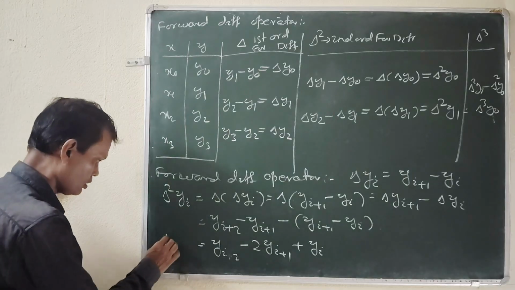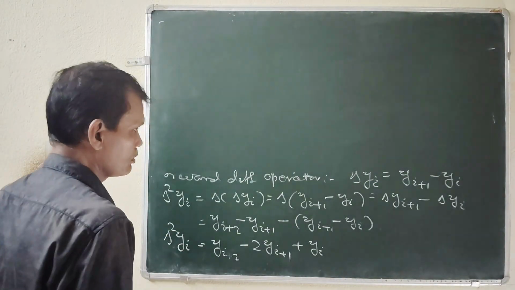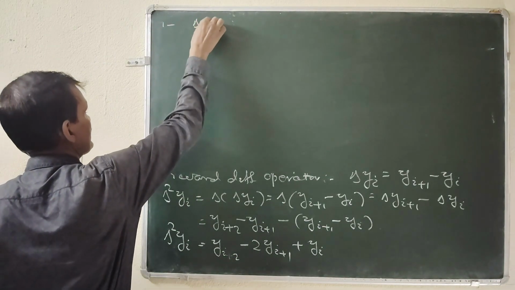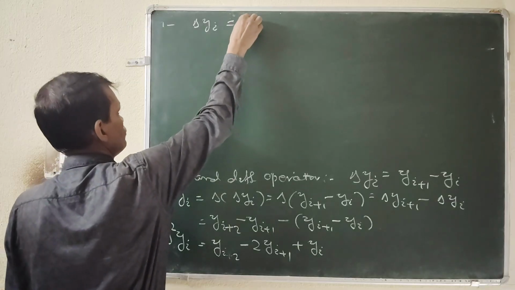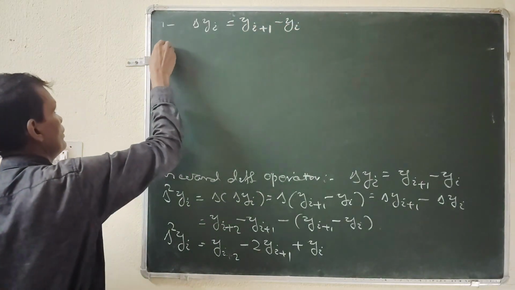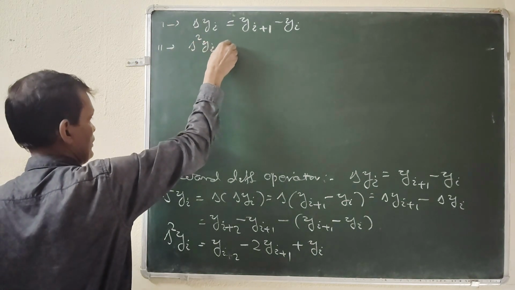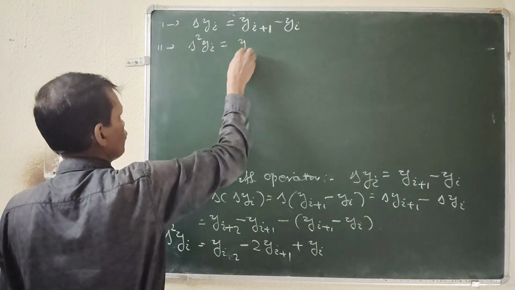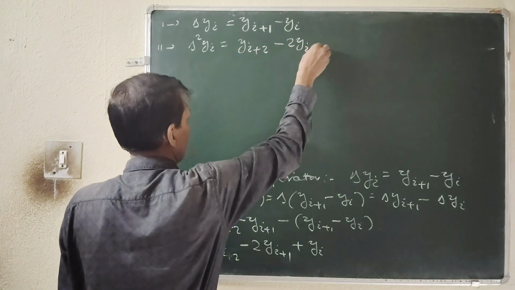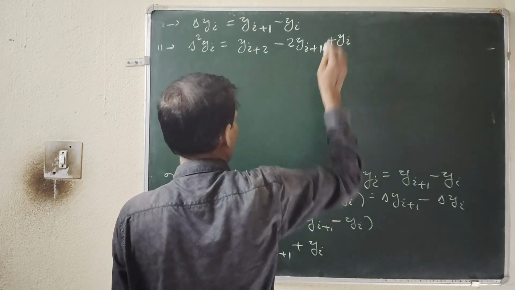So this is the result for delta square yi. Now we found delta yi is equal to yi plus 1 minus yi, then delta square yi equals yi plus 2 minus 2yi plus 1 plus yi.